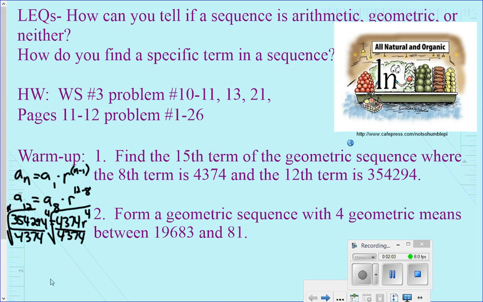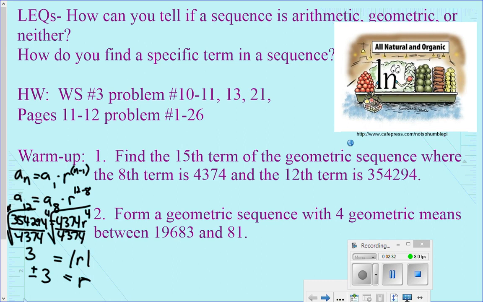So we're getting the absolute value of r on the right-hand side, because it's the 4th root of r to the 4th, is equal to the 4th root of 354,294 divided by 4374. And when I take that 4th root, I'm getting 3. So r is equal to plus or minus 3.